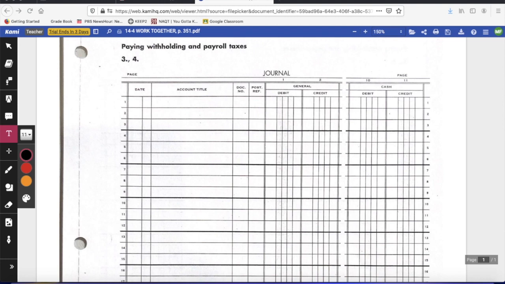It reads, credit balances on March 31st for the unemployment tax accounts for the first quarter are as follows. Unemployment tax payable, federal is $100.80. Unemployment tax payable, state is $680.40. Digital Supply, that's the company, pays both unemployment taxes each quarter regardless of the amount owed.